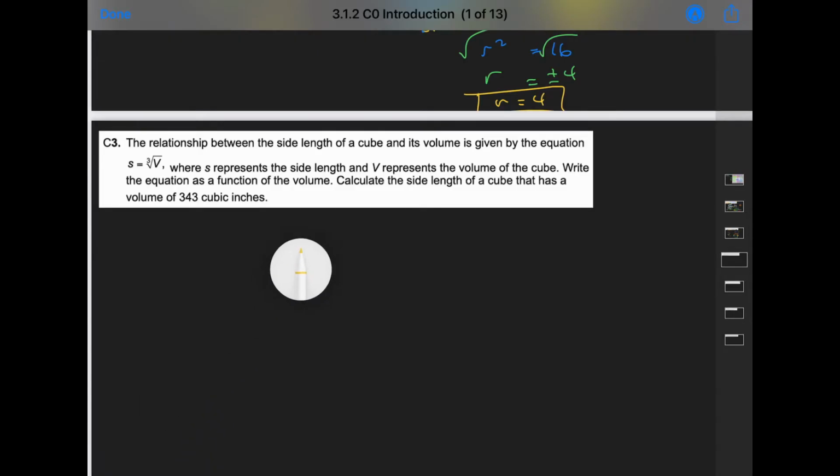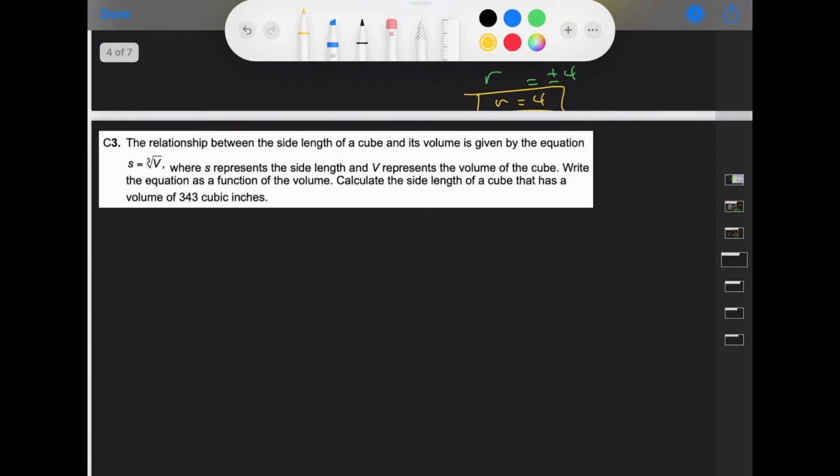Alright, C3. The relationship between the side length of a cube and its volume is given by the equation S equals cube root of V. Let's write that. S equals the cube root of V. Okay, now it's going to tell us some things.